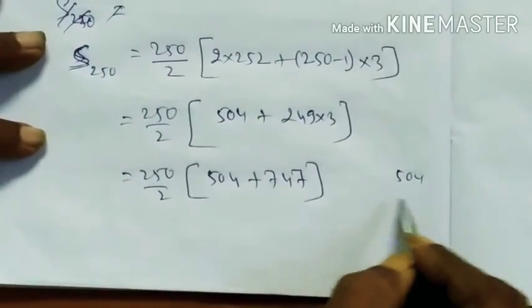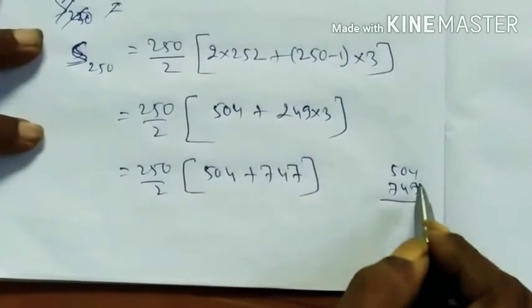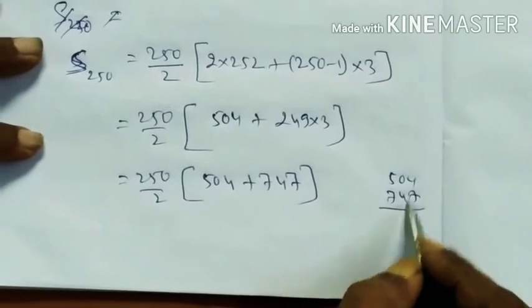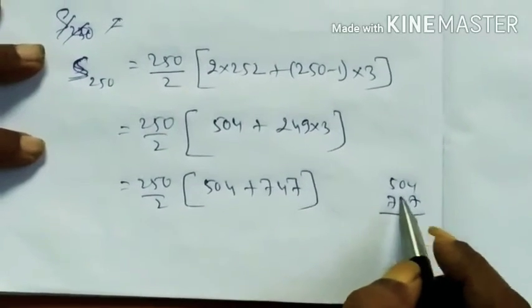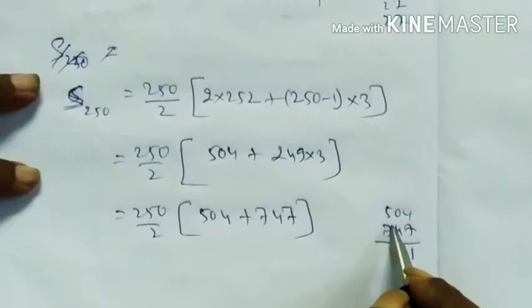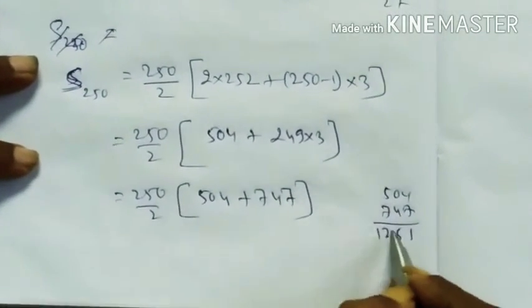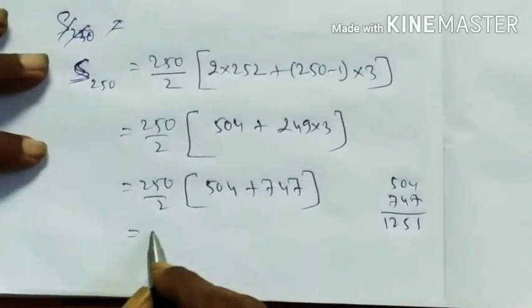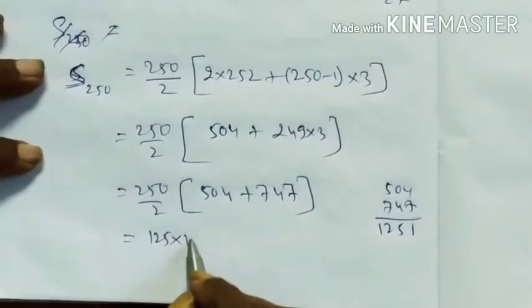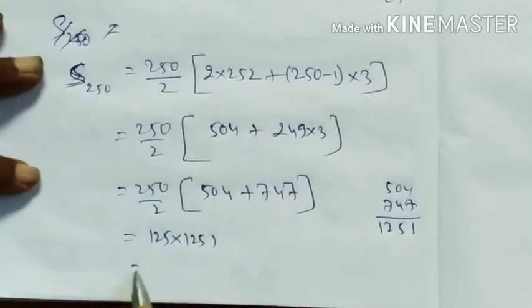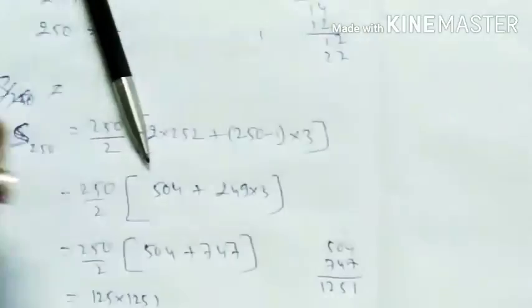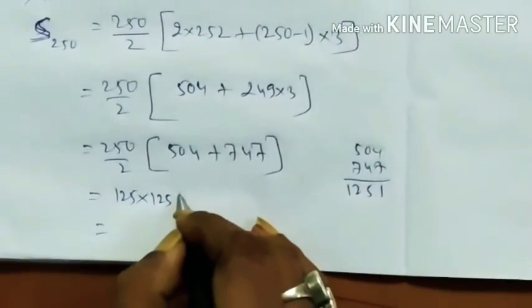Now 504 plus 747 is 1251. So this comes to be 125 into 1251. Let me take the help of the calculator.